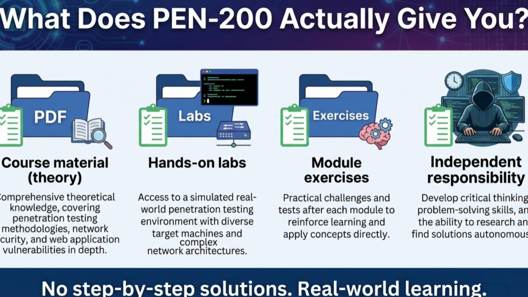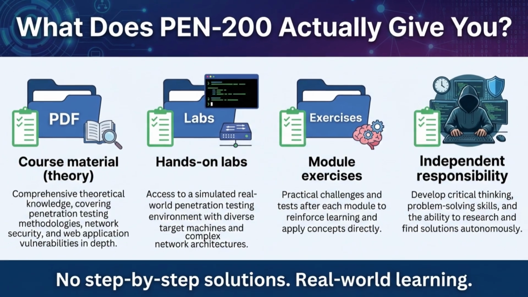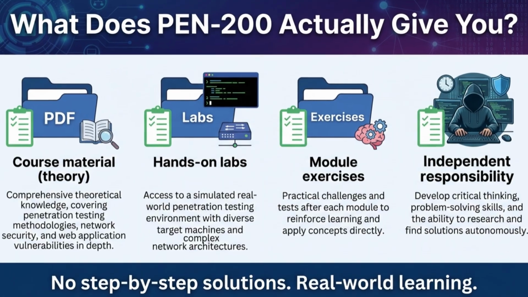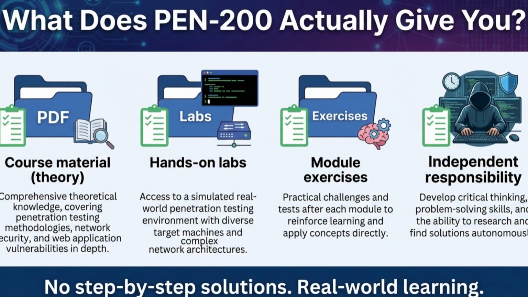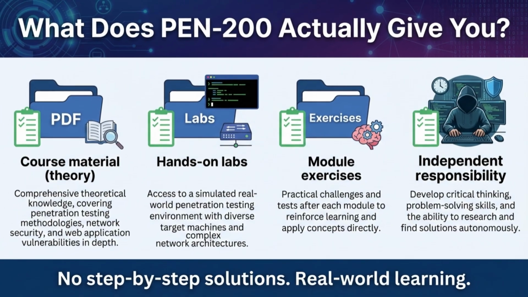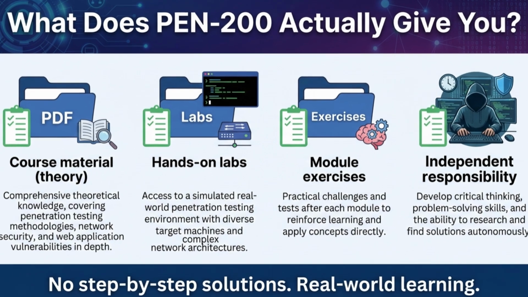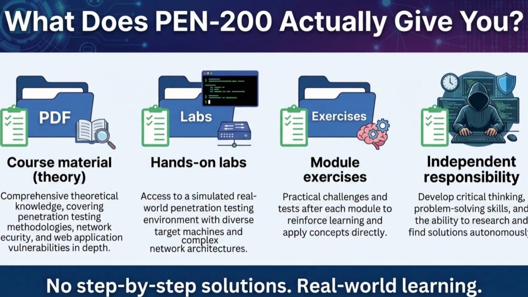Instead, they give you structured content and expect you to navigate it independently. This is intentional. In real penetration testing, no one tells you exactly where the vulnerability is. You are expected to explore, analyze, and decide. This course inventory represents that reality. You are being trained to work with what you were given, not what you wish you had.